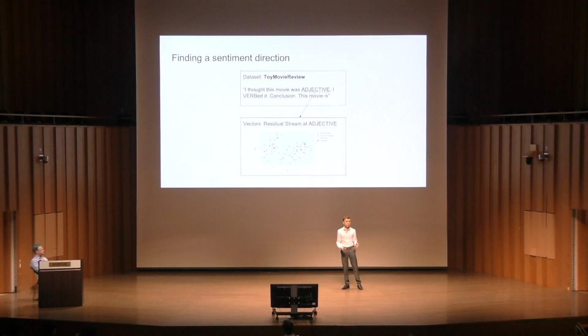And pleasingly, we found that they were naturally clustered, as you might expect. And when you zoomed in on each of these corresponding clusters, you indeed found that on one cluster it was all of the positive words, whereas on the other cluster was all of the negative words. So it seemed to us, from this very basic initial exploration, that there was some structure within the language model's representations that encoded sentiment.